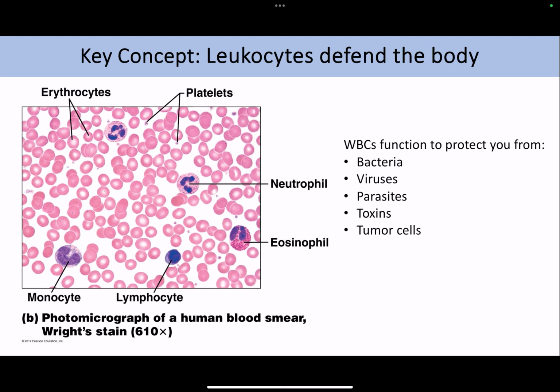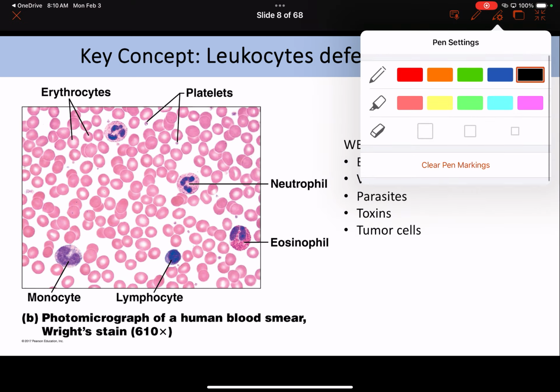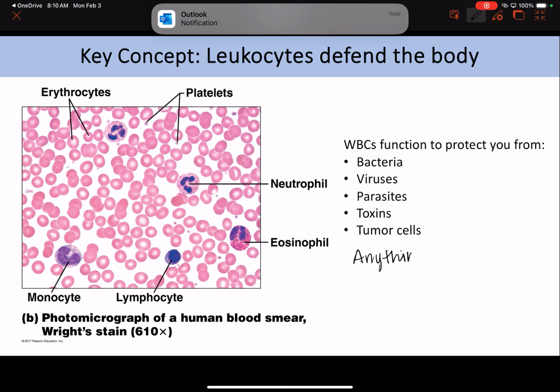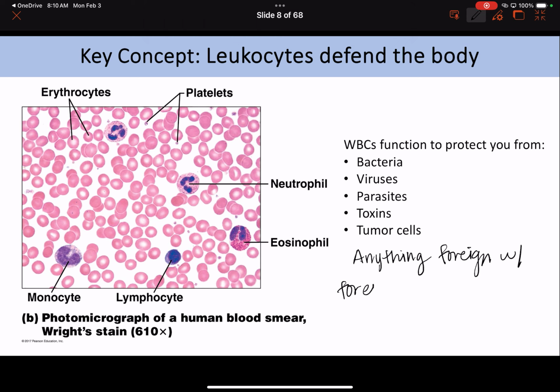And then white blood cells are going to function to protect you from bacteria, viruses, parasites, toxins, tumor cells, even though they shouldn't. Also transplanted organs as well. So white blood cells are going to protect you from anything that they deem as foreign or doesn't belong. So anything with foreign antigens.